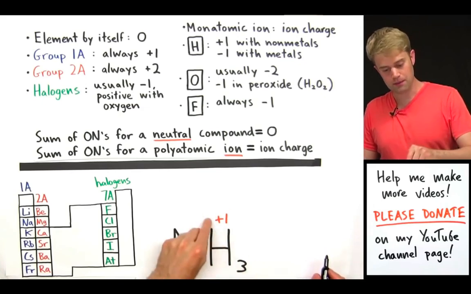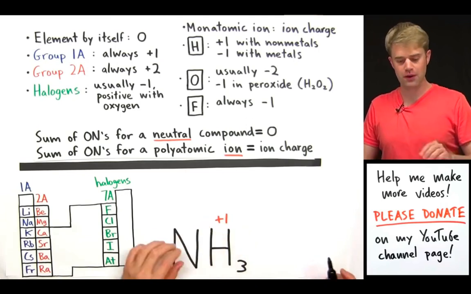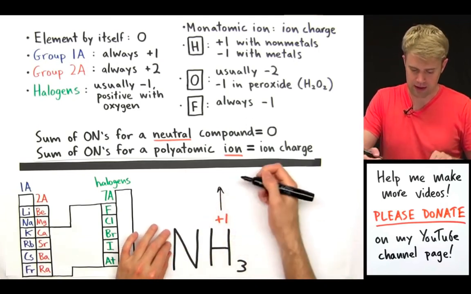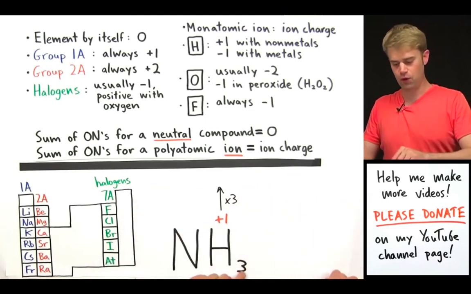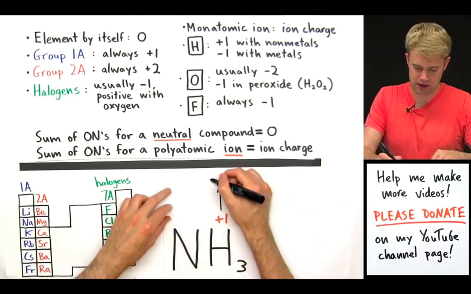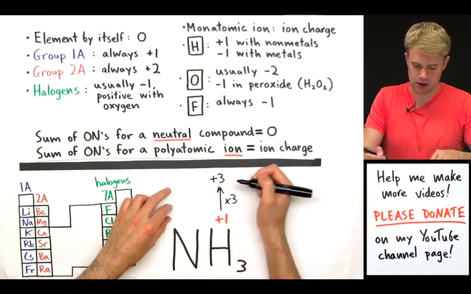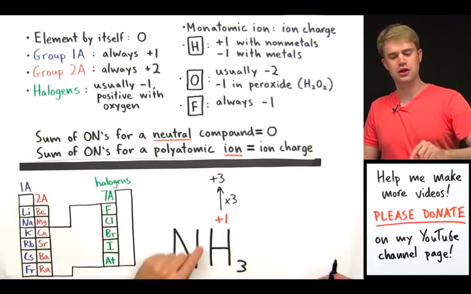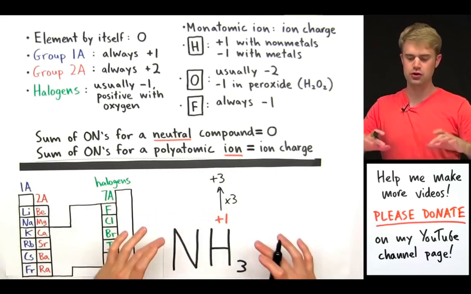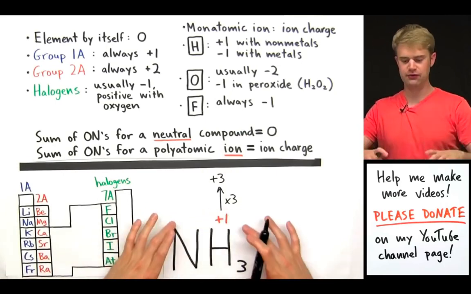Okay, but there are 3 hydrogens. Each one of them has a +1. So what we have to do is multiply this +1 times 3 for the 3 hydrogens, and that's going to give us +3. Now, let's keep this rule in mind that the sum of oxidation numbers for a neutral compound should equal 0. NH3 is definitely a neutral compound.